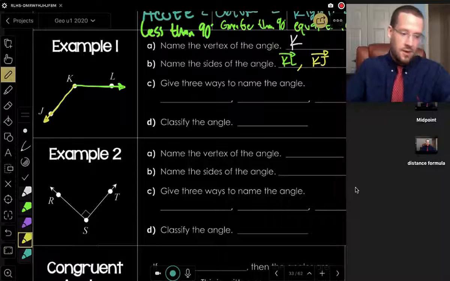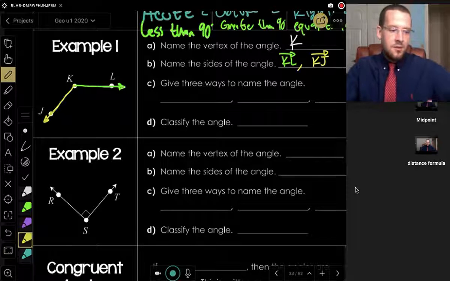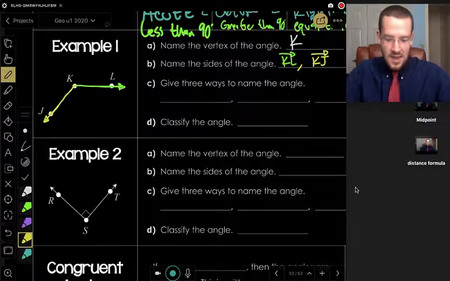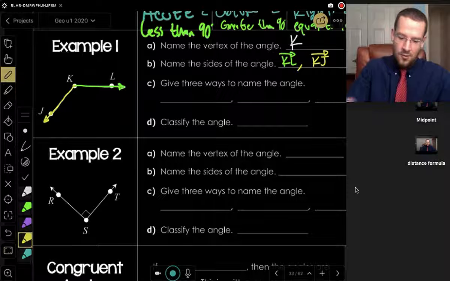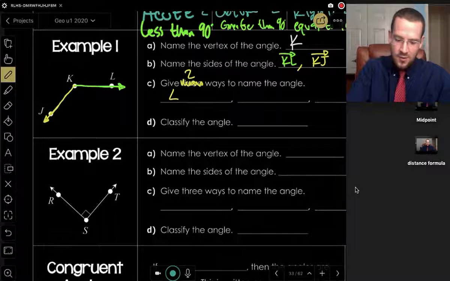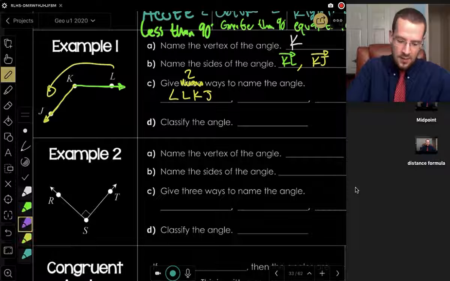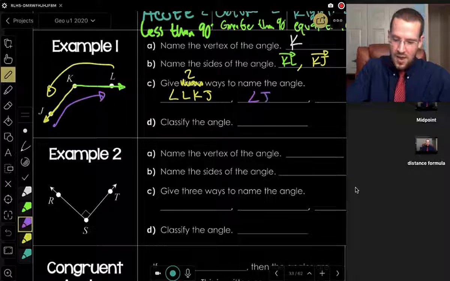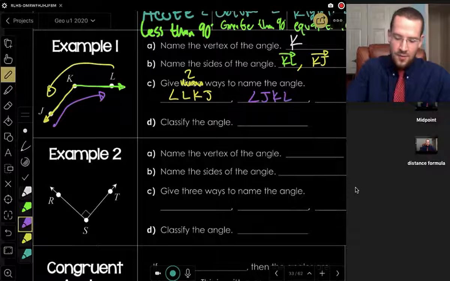Let's see. Okay, name 3 ways to name the angle. 2 ways, because we are not going to really be looking at the other one. So let's see, 2 ways. We have angle, let's go around this way, LKJ. And we can go back around this way, angle JKL.